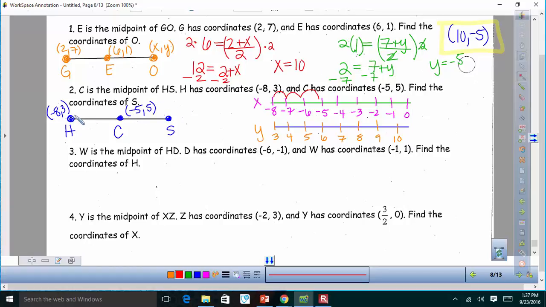Because if it's 3 from here to here, and this is the midpoint, because remember, isn't this equal to this? Then I'm going to hop 3 more. So if I started at negative 8 and ended on negative 5 for the midpoint, I'm going to go 1, 2, 3 more, and my X here would be negative 2.